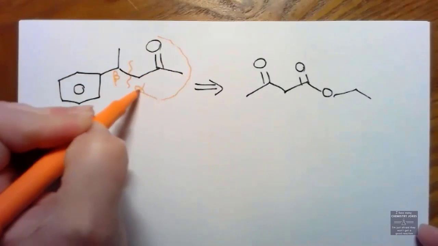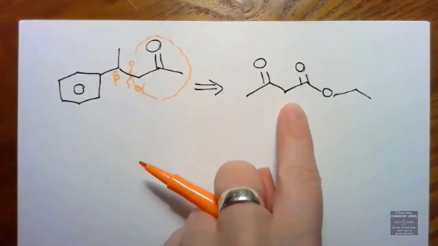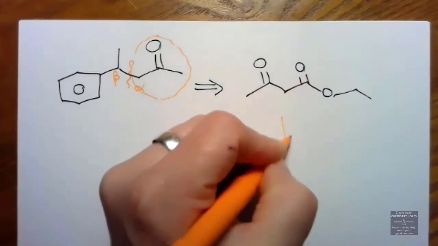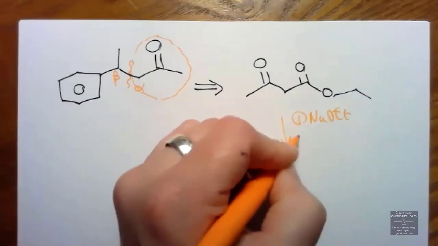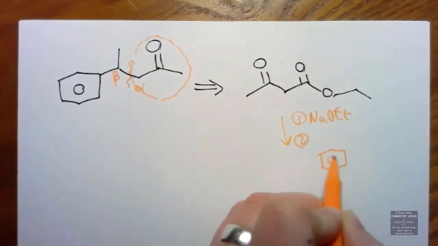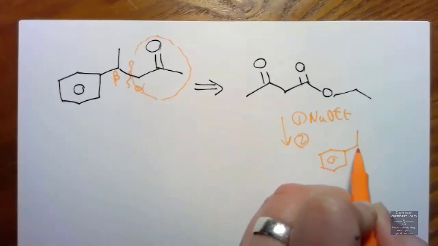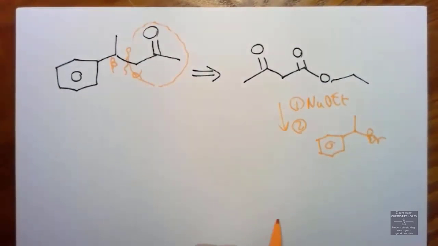This is a ketone product, not a carboxylic acid product. So we can start with ethyl acetoacetate. Pluck an alpha hydrogen. Add a good SN2 substrate. Because we know how many carbons we need, we're going to add that as our SN2 substrate.